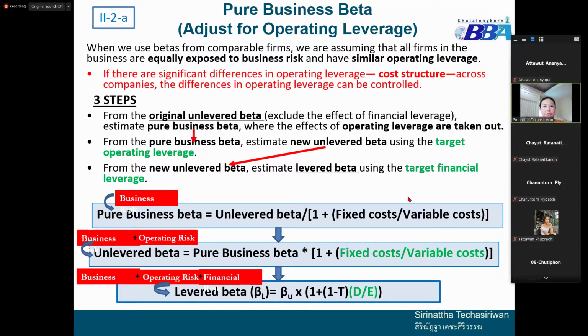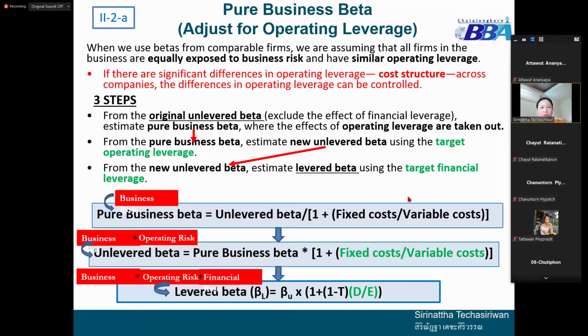But if you find a large difference in the cost structure of the comparable firm and the company that you want to estimate the beta for, you need to take out the difference in the cost structure, the operating leverage, as well.